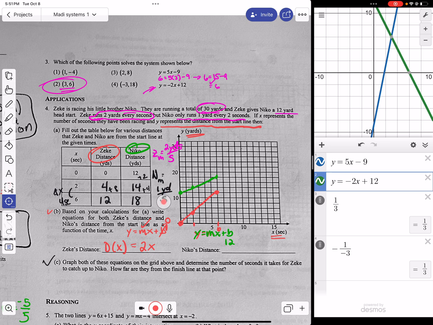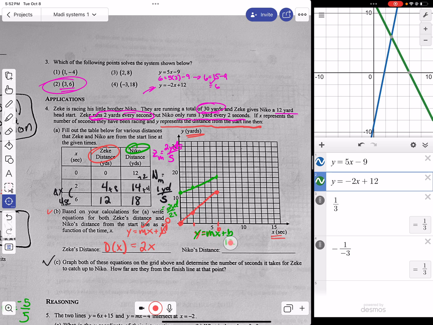It's 1 yard per second. Now it's a little harder to do it here because these things are incremented by twos. So 1 yard per second is equivalent to 2 yards per 2 seconds. So in that case, it should go up 1, which is a jump of 2 actually, and then over 1, 2 seconds. Up 2 over 2 seconds. And so there's his slope.